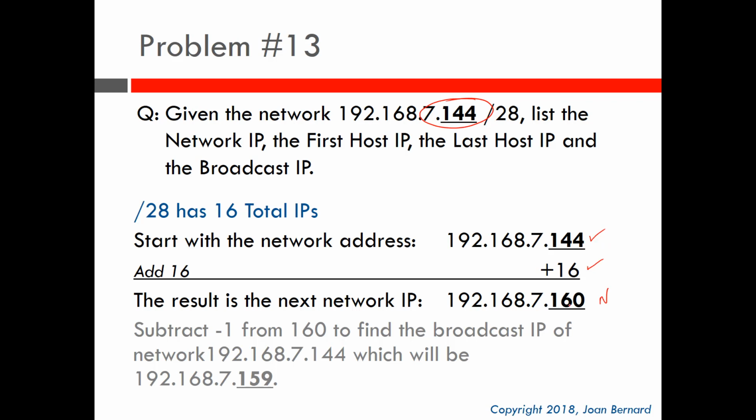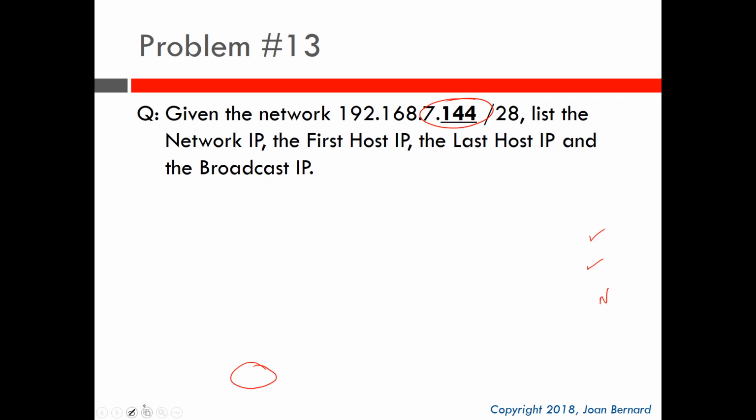So I subtract 1 from the 160, and that gives me my broadcast IP address for my network 192.168.7.144, which would be 192.168.7.159. So 159 is the broadcast address. All right, so let's take a peek at this again.